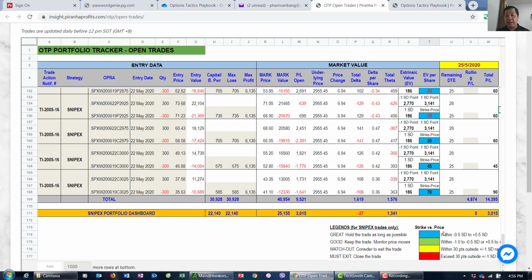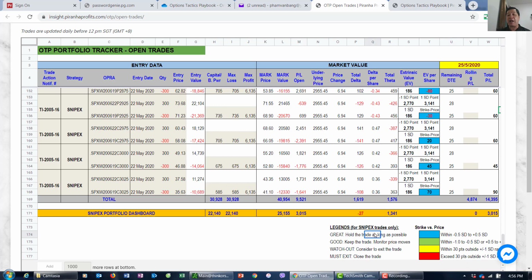Now the blue one is the best. Blue one is within 0.5 SD, either on the downside or on the upside, plus or minus 0.5 SD. Because it's so close to the current market price, I want to keep the trade as long as possible, because at that point in time, the theta works really hard for me. I have little risk on the price move.